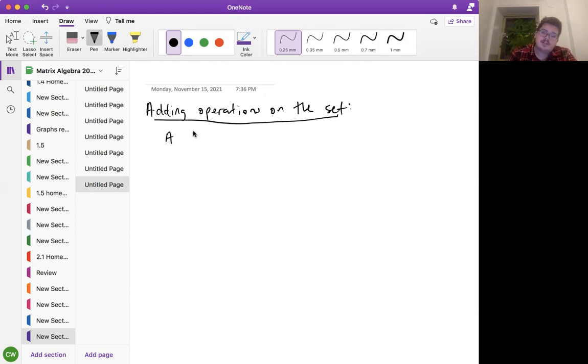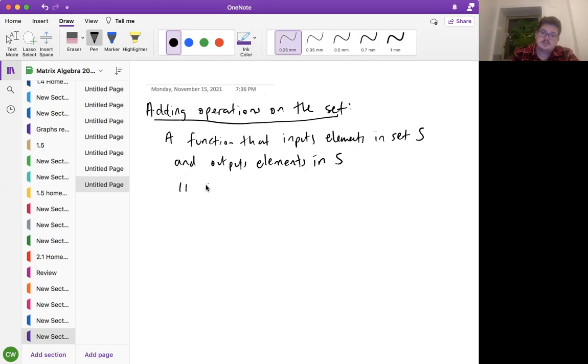A function that inputs elements in S and outputs elements in S is called a closed operation on S. By closed, I mean elements cannot escape.